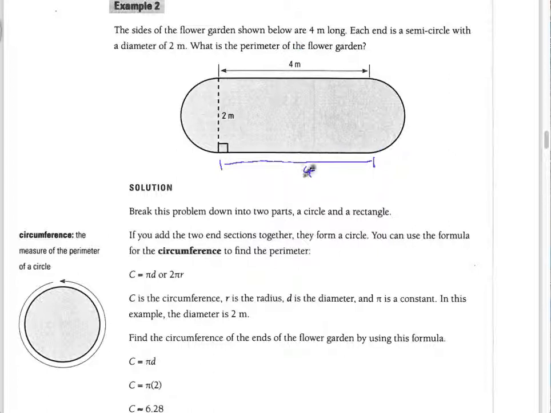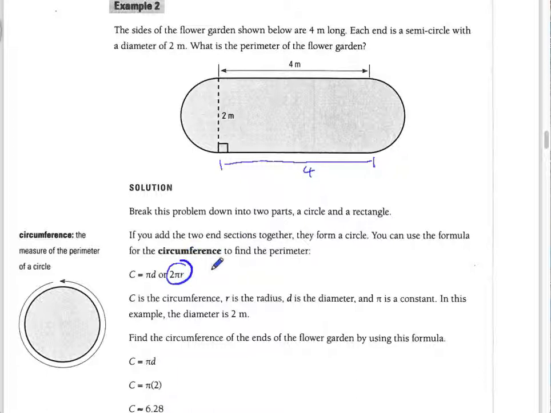So we can add 4 plus 4, and we need the semicircle, or in reality, 2 semicircles together is the circumference of one circle. So 4 plus 4 plus the circumference of one circle, which has a radius of 1, diameter of 2. Got to remember that the circumference of a circle is given by 2 pi r.